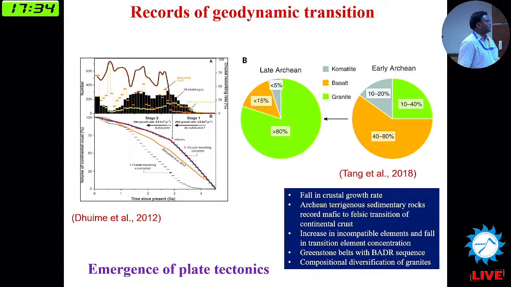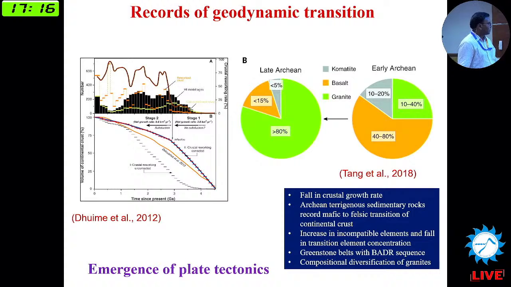We don't get direct evidence, but we should get it through sedimentary rocks, and in the morning he demonstrated this from the western part of the Western Dharwar Craton. Also there is an increase in the incompatible elements through time and a decrease in the transition elements, which has direct implications on the komatiites and basalts.